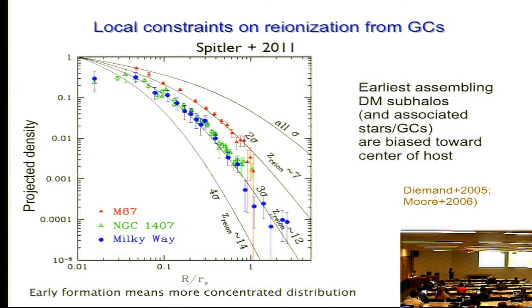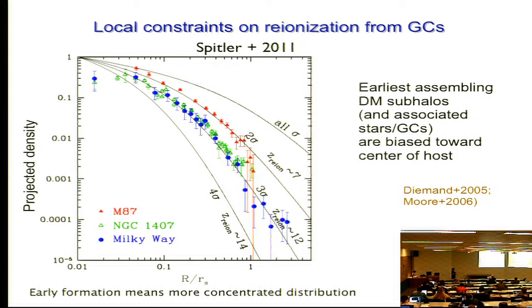So this is some work led by Lee Spitler, where we looked at the distribution of globular clusters around the Milky Way, NGC 1407, which is a massive elliptical galaxy in a group environment, and M87, which is obviously in a high-density environment in a rich cluster of galaxies.